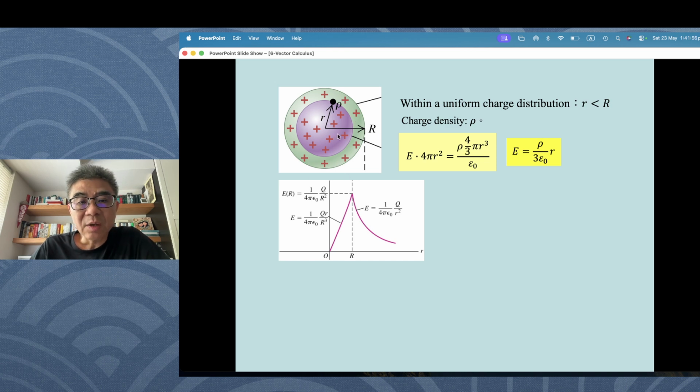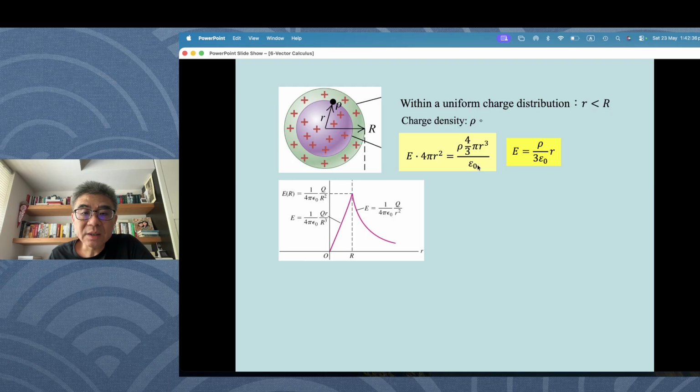If you recall, the result is that for uniform charge density rho, the electric field outside is proportional to 1 over R squared. However, inside the sphere, using Gauss's law, it can be derived that the electric field is proportional to R. That means it decreases as it approaches the center of the sphere.